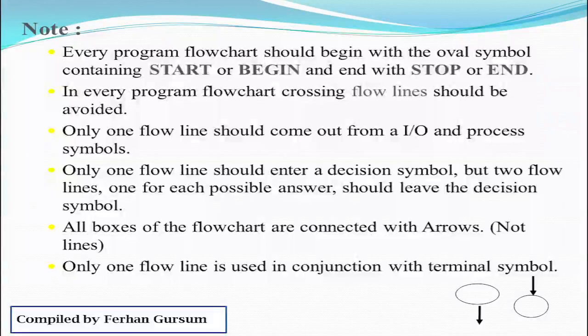These 2 are maybe true and false, or yes or no. Okay. The fifth one, all blocks of the flowchart are connected with arrows, not lines. Okay, it should be connected using what? Arrow, because arrow indicates the direction of the process. Okay. The last one, only one flow line is used in conjunction with the terminal symbol.